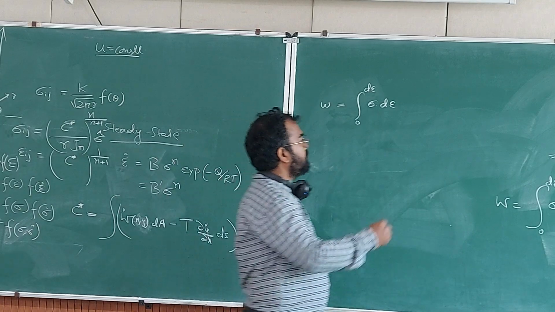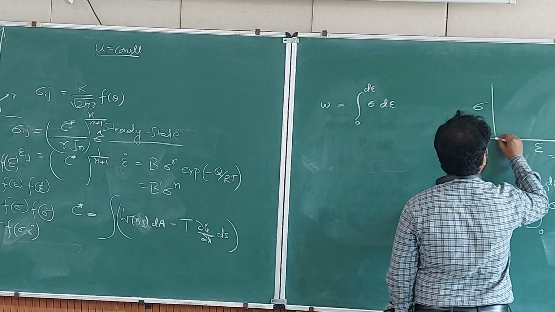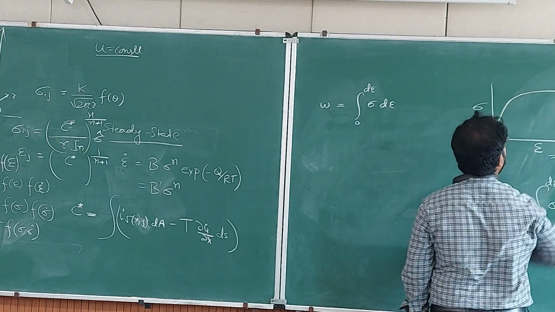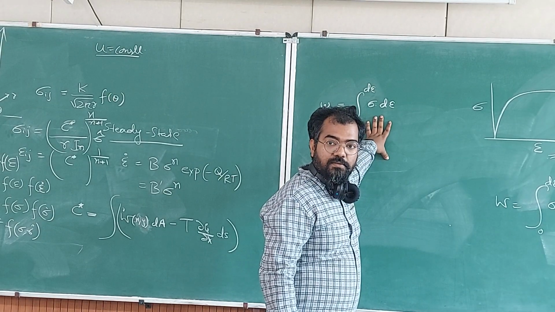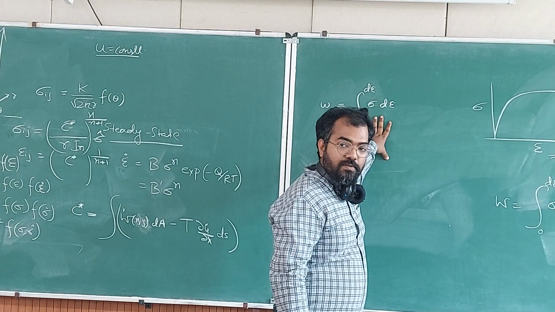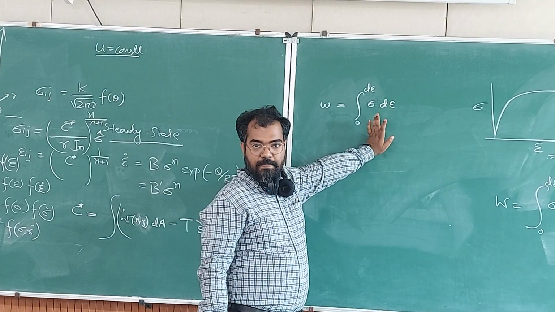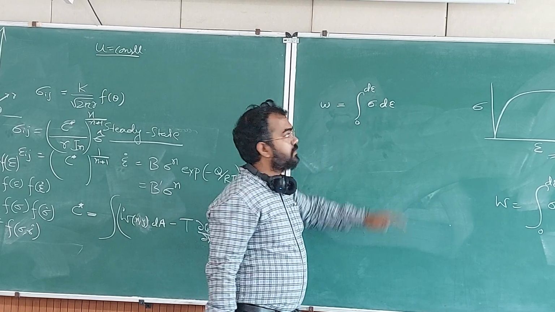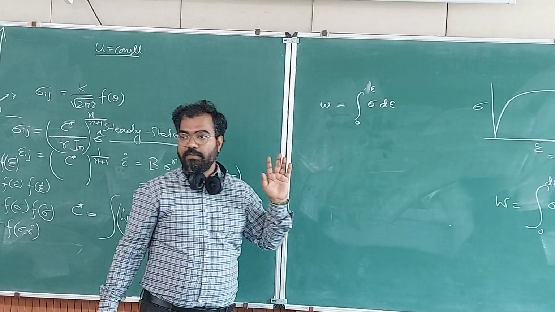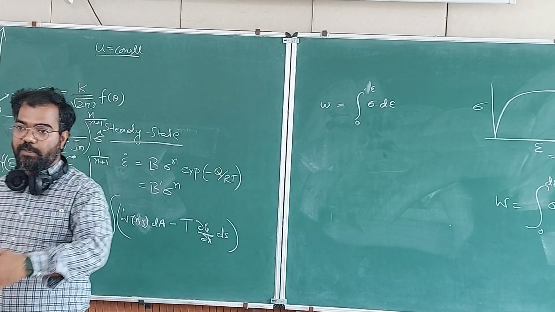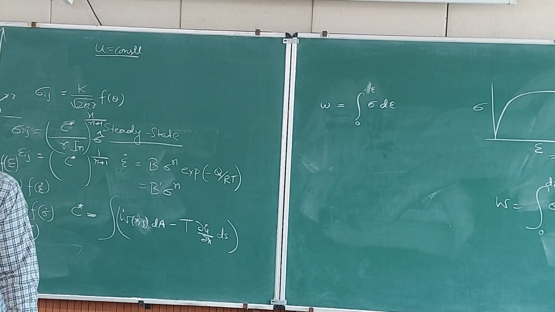So if we plot stress and strain, which is something like this, then this represents what? Area. The area under the curve until it reaches a value of strain epsilon, right? So I don't know why I have written d epsilon. I can just write epsilon. Okay. So this will be the area under the curve.